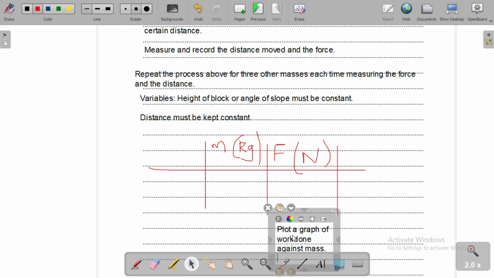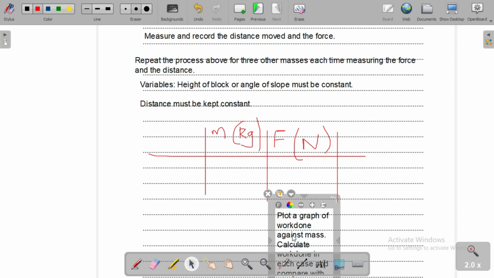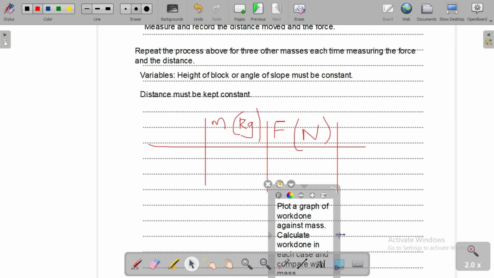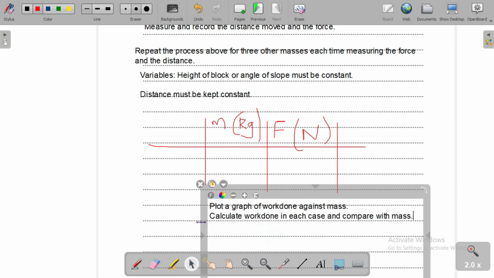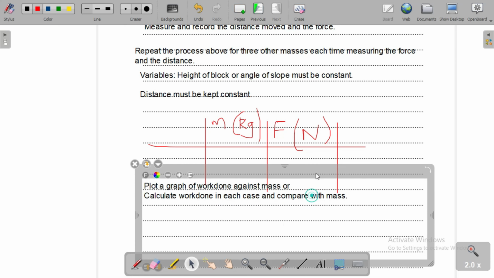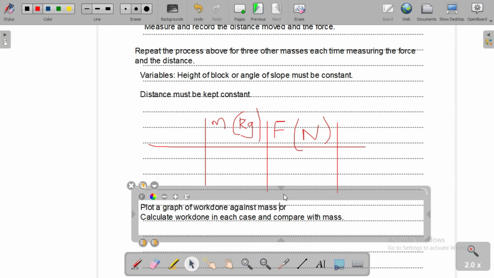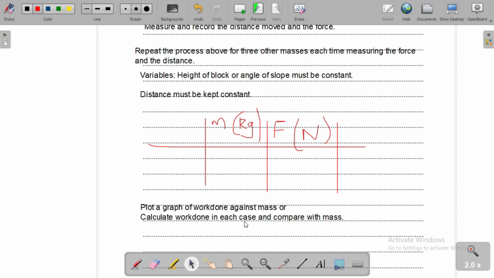Or you can also say calculate work done in each case and compare with mass. If you do it like this, then you get all the marks for these parts of the question.